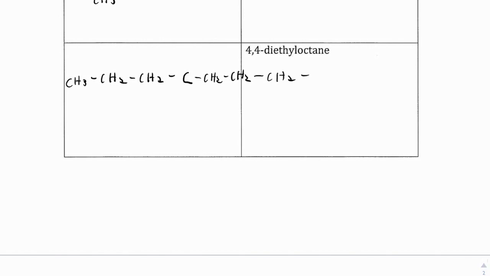Again, I'm going to go off screen. Now, diethyl, if you remember, ethyl is 2 carbons. So, good.